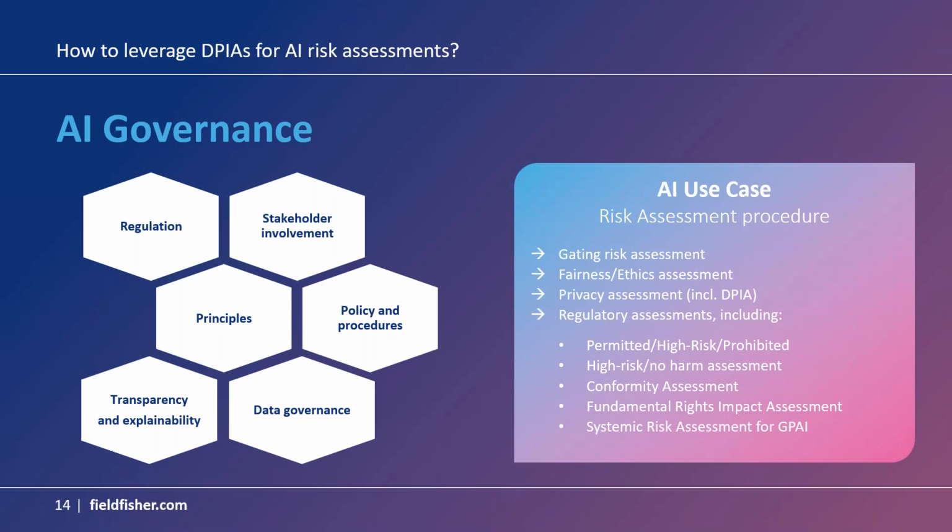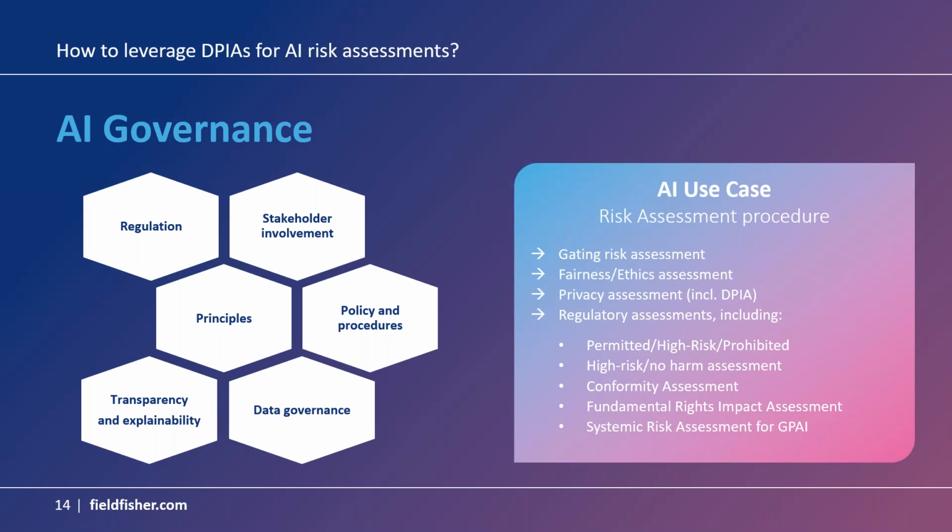But on the left-hand side of the slide, I've set out some typical elements that are likely to feature in any such framework. So first of all, your AI governance framework will revolve around your organization's AI principles. You will have to define the principles that will be at the core of your AI governance framework and what is the overall mission or the objectives of your AI governance framework.